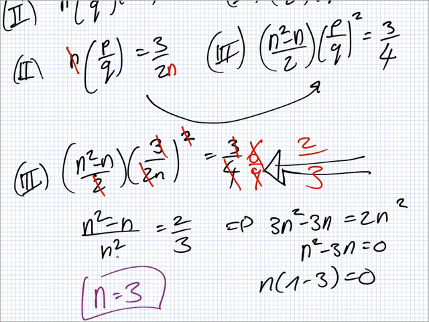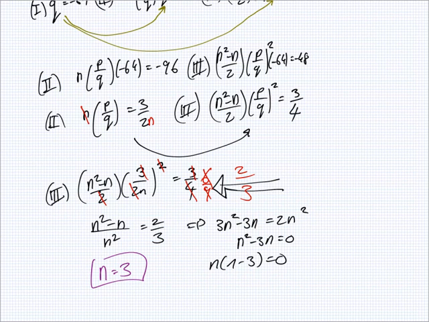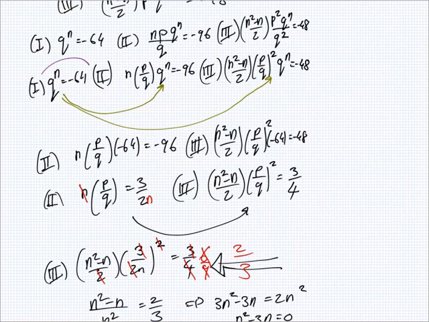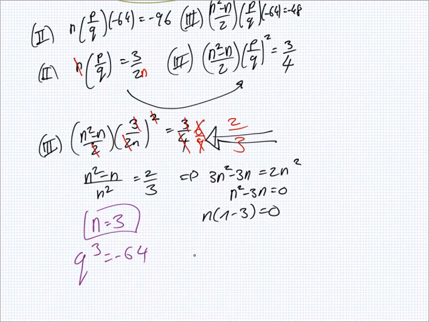Now that I have that, I can sub it back in. Where can I sub this in? Oh, I think not the p over q one, the other one. This guy. So I know that q cubed should equal minus 64. So therefore q has to equal minus 4.